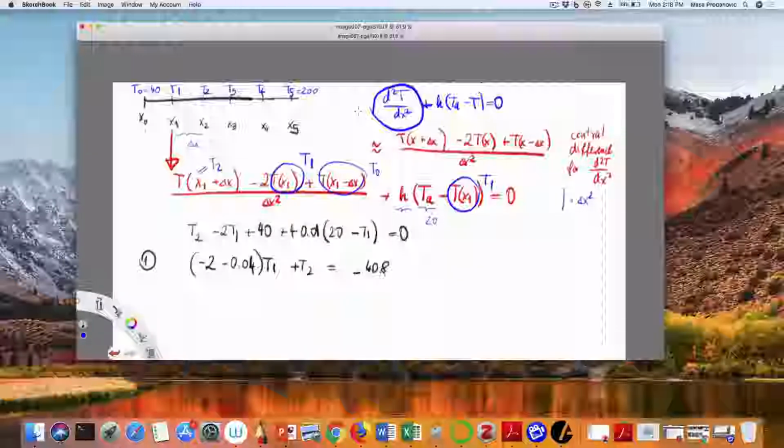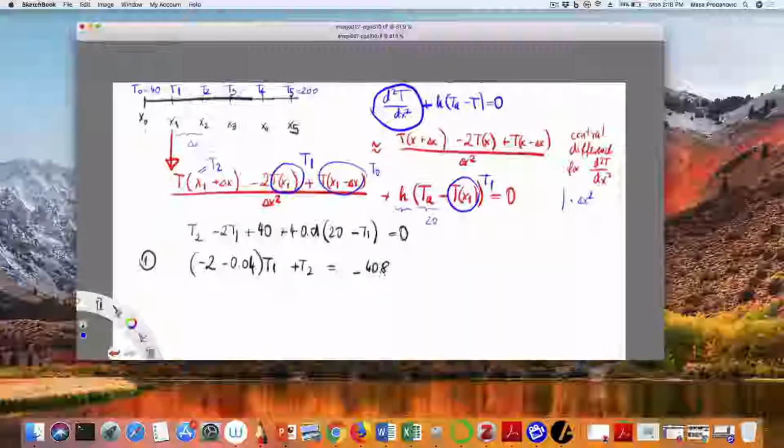This is my approximation to the second order derivative by applying this formula, plus h times (TA minus T1) is equal to 0. When I clean that up, I basically get this formula. Okay? And I also understand that T0 is something that I have. It's 40. Okay. So I could do pretty much the similar thing for all other points.